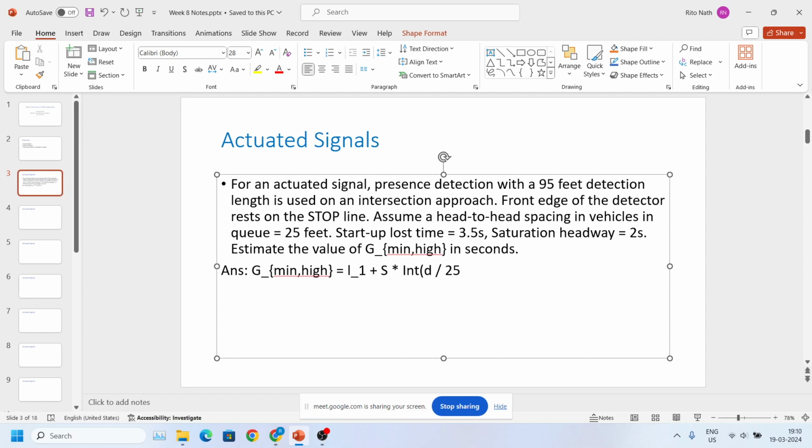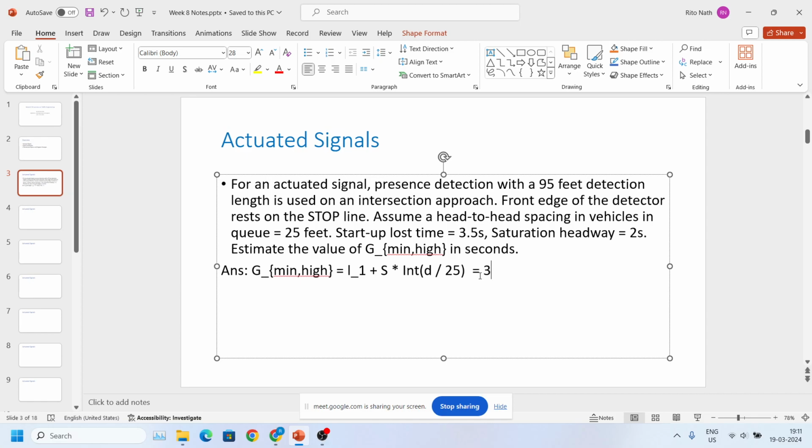So this is 25. And then you have another term which is plus 2n. But I think that's not relevant here. The plus 2n term comes in relation with the number of vehicles stored in the detection area. But for this problem, you have int of D divided by this 25, and you have that S as well.